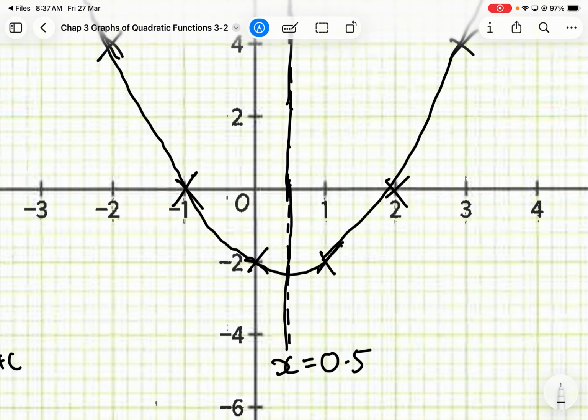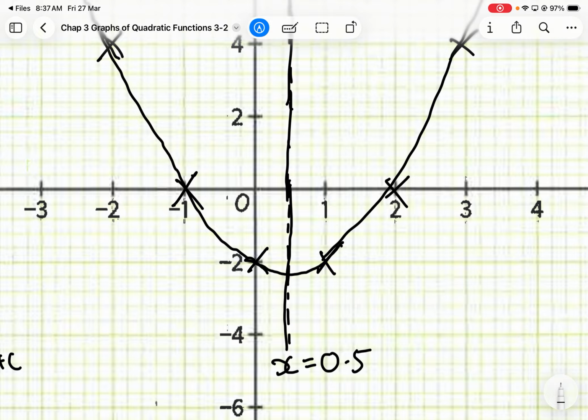I'm asking you, my graph cuts the x-axis at how many points? 2. Then you say -1. Okay, so your graph cuts the x-axis at 2 points. 1 point here, 1 point here.